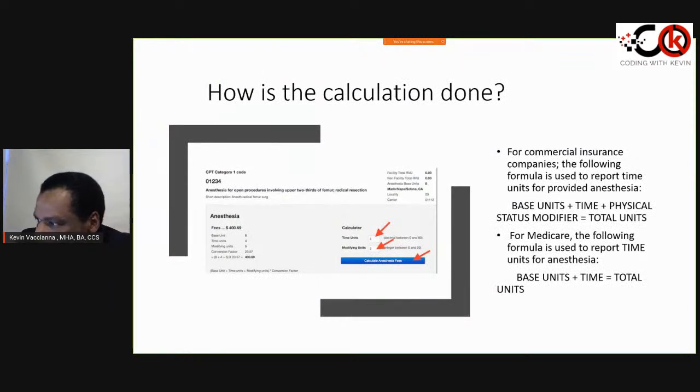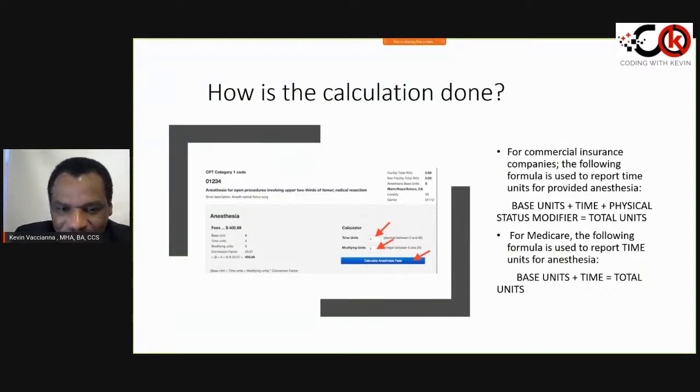So, here are some factors I need you to remember. To calculate time, there are certain elements that you have to remember. One is base units. The other one is time, which we just went over extensively. Physical status modifiers. And so it's base units plus time plus physical status modifiers equal total units.